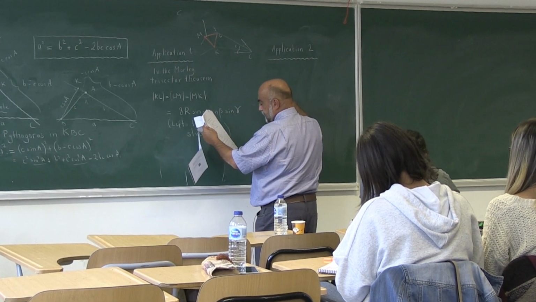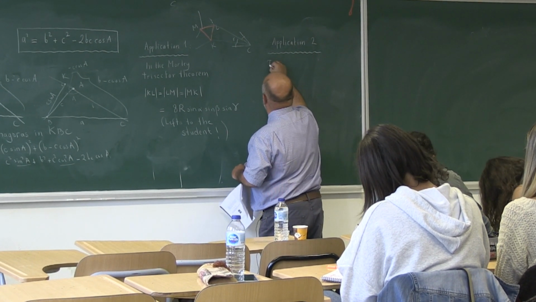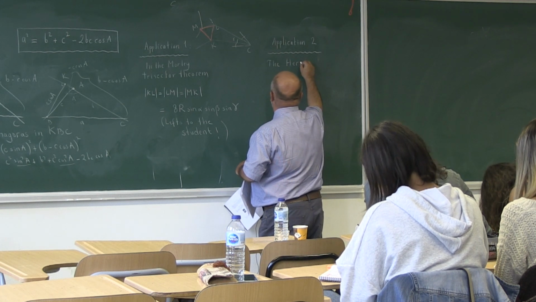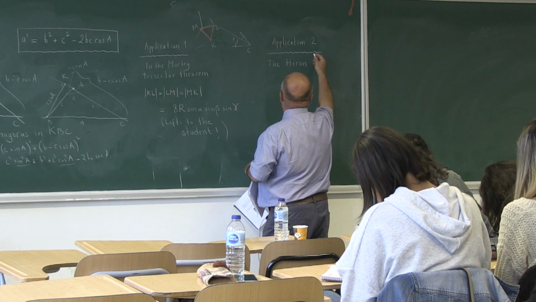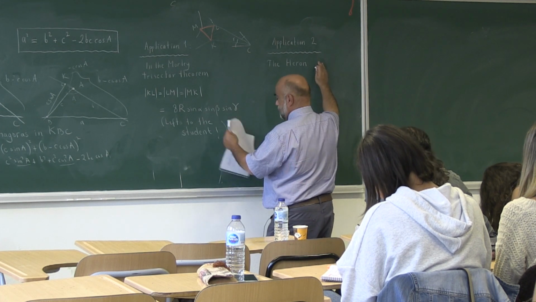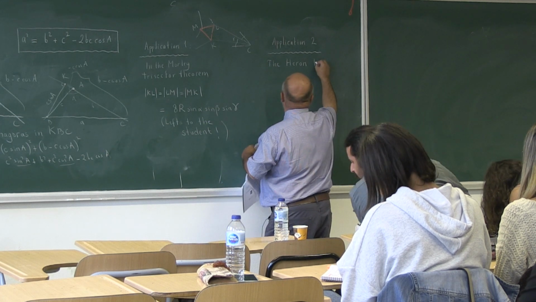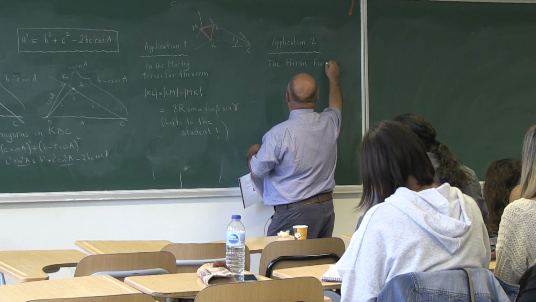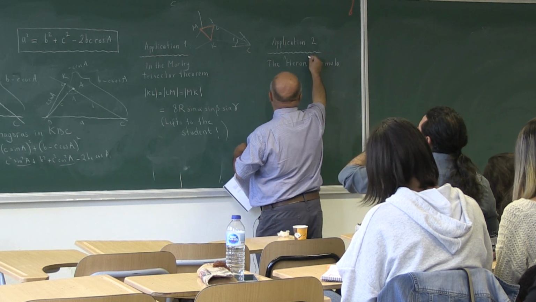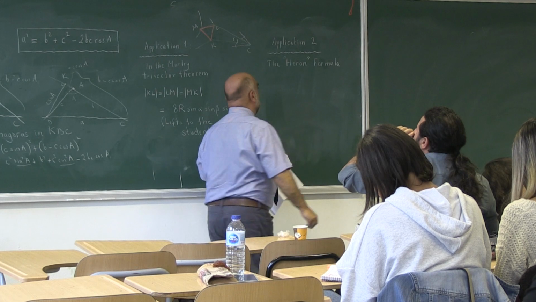Heron's formula, the Heron formula. You know, like all things in mathematics, nobody knows whether actually it was Heron who established this formula, but it's widely used. So let's stick to it.